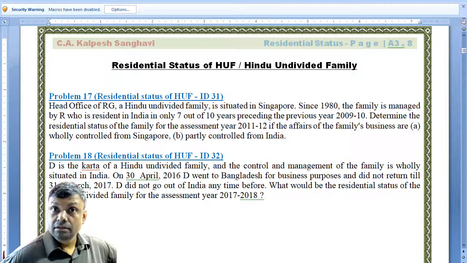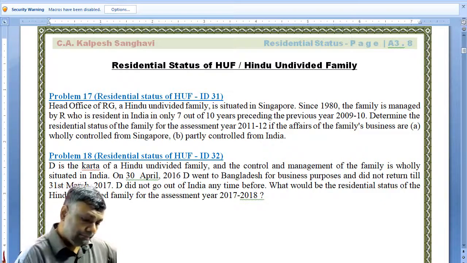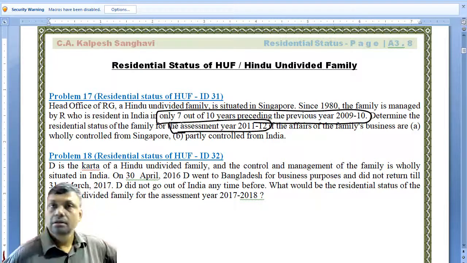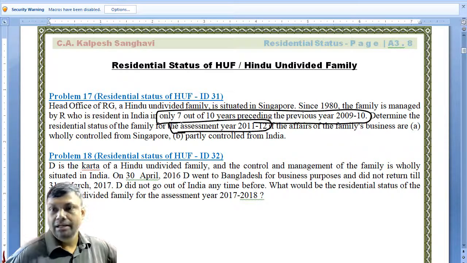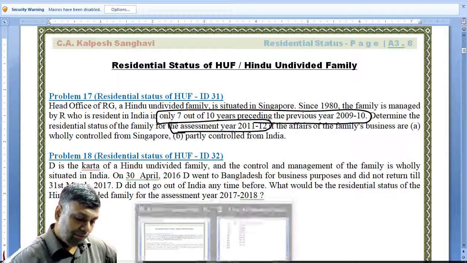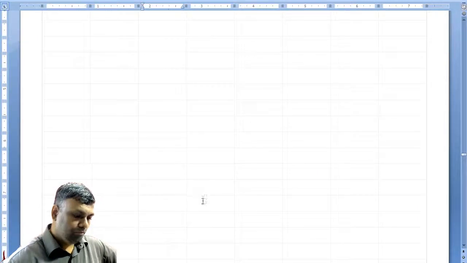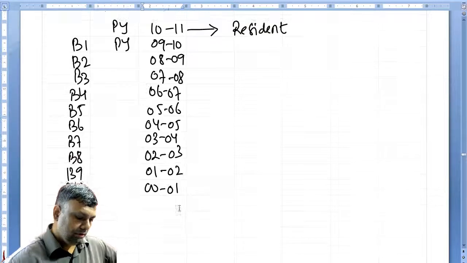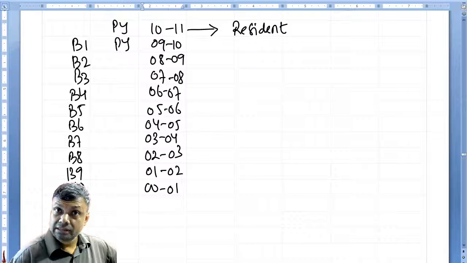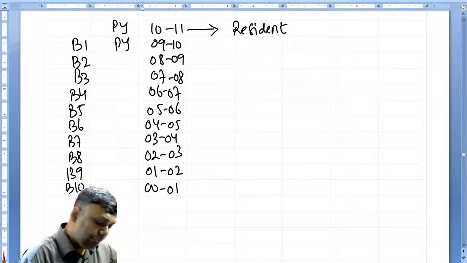That 7 out of 10 is preceding the previous year 9-10 given to you. So the data of resident 7 out of 10 is before 9-10.